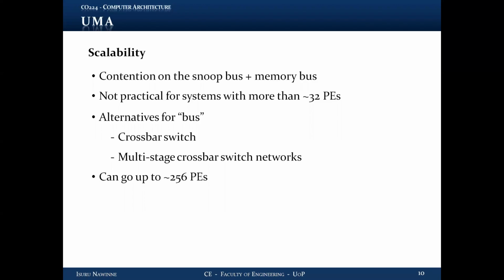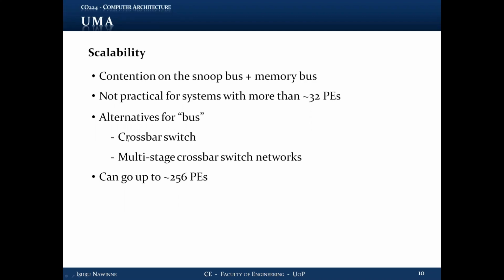It's an alternative to a bus-based architecture to connect to multiple segments, banks of memory at the same time, right? We are not going to discuss the detail, but you can have a quick look at it.